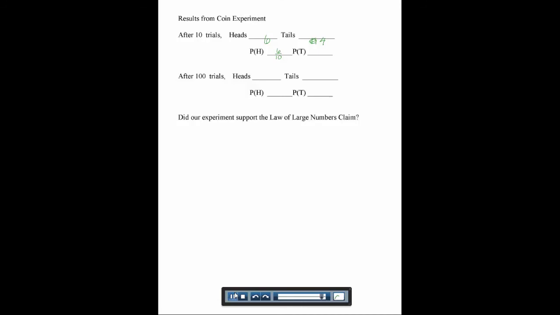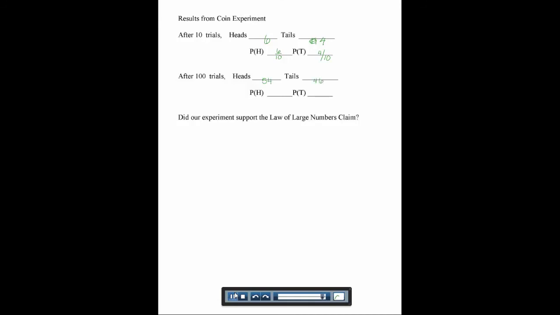And your probability of getting tails would be 4 out of 10, or 40%. Now, we know the actual probability of getting a head, assuming it's a fair coin, is 50-50, so this isn't exact.